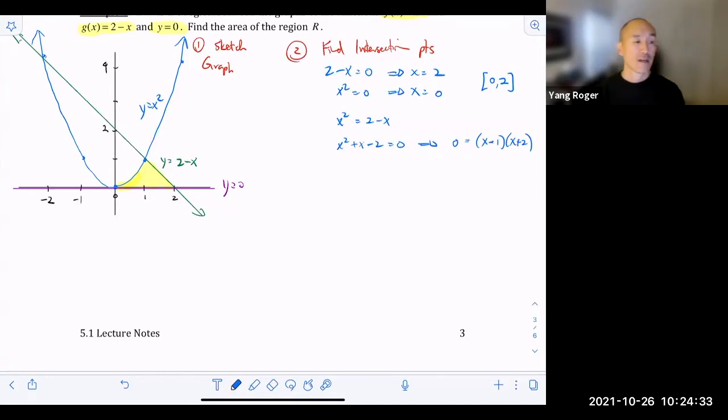Which tells us that our intersection points are going to be x equal to -2 and 1. If you look at the x equal to -2 part, that's this intersection point. We don't care about that one. But the part that we do care about is this point here when x is equal to 1. So that's the one we're going to use.